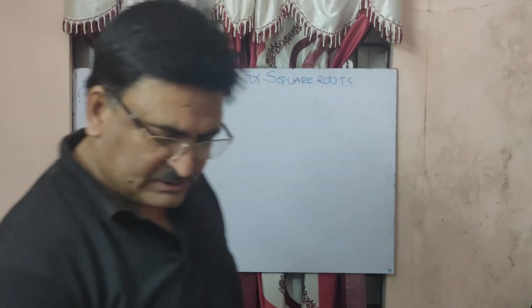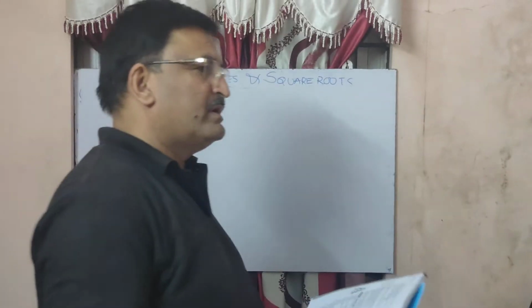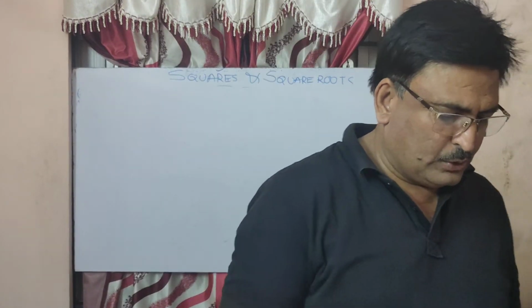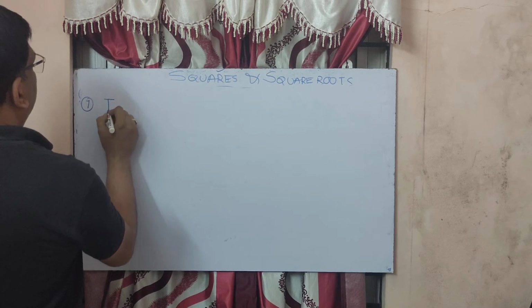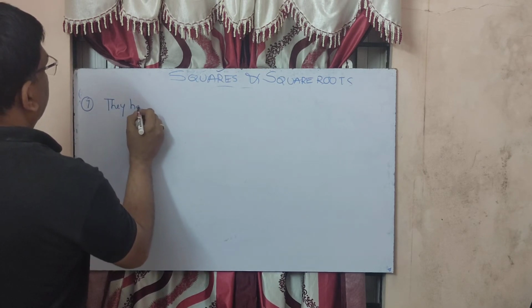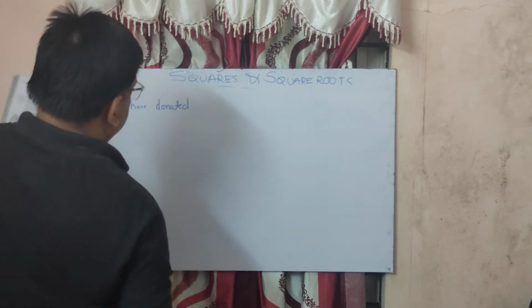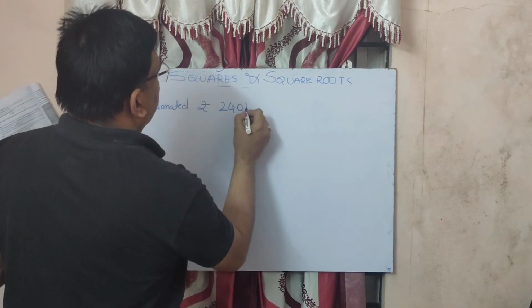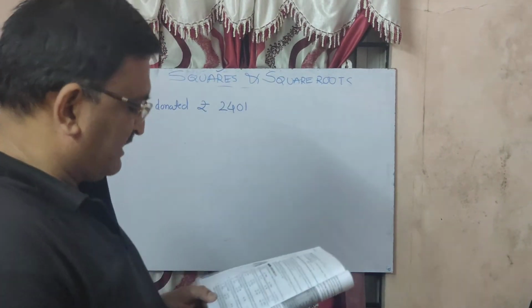Next important, that is the 7th question now. So what is the question now? It is a word problem. The students of class 8th of a school donated 2401 rupees in all for the Prime Minister's National Relief Fund.